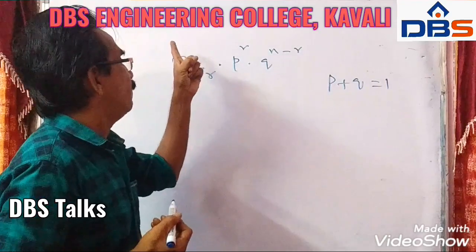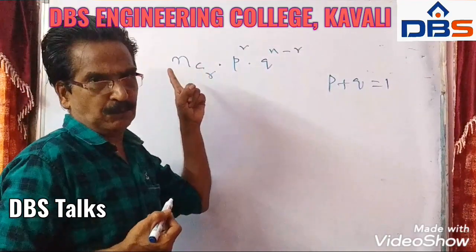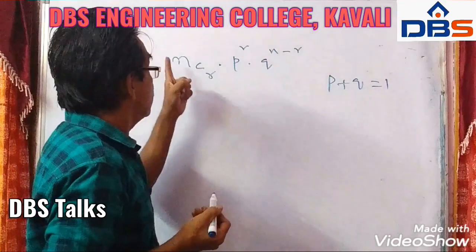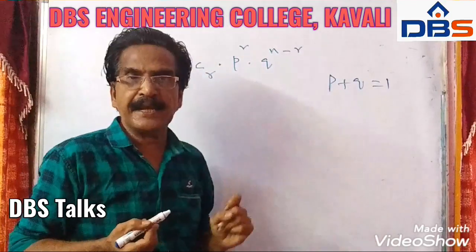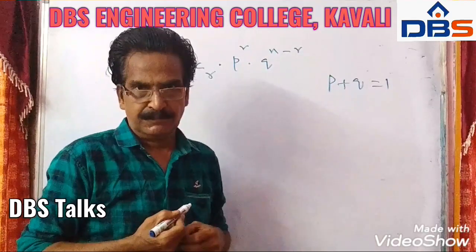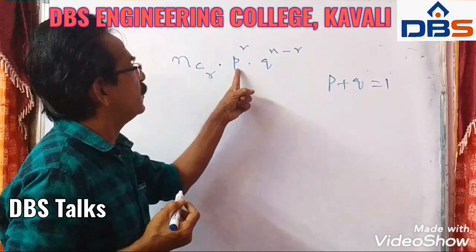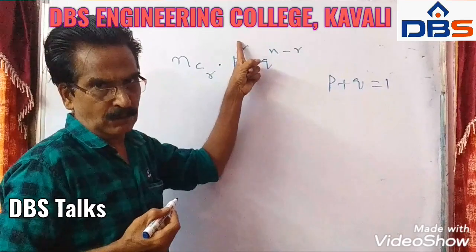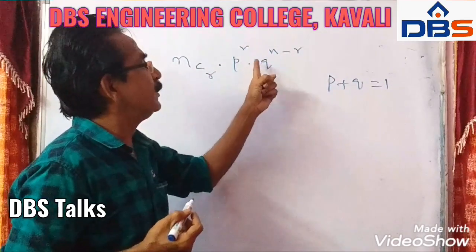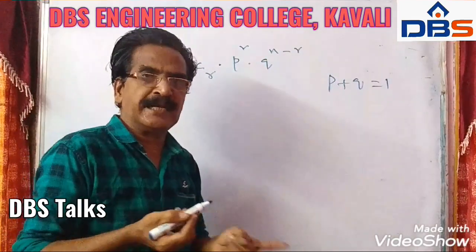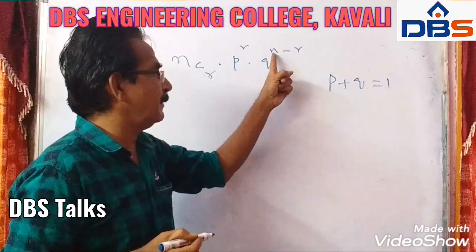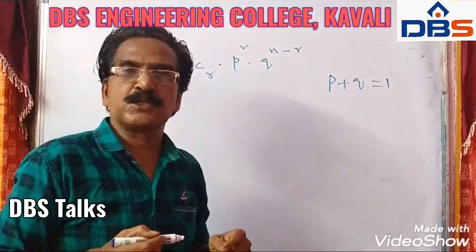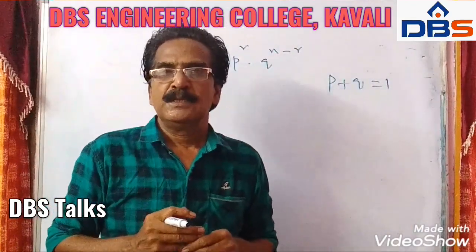So, out of 5 trials, we have to get 2 heads, that is 5C2 into p, falling head, 1 by 2 whole power r, 2, into q, 1 minus 1 by 2, you get again 1 by 2, 1 by 2 whole power 5 minus 2, 3.